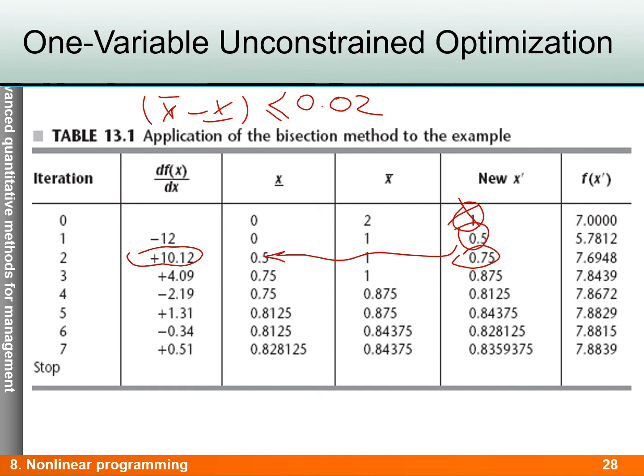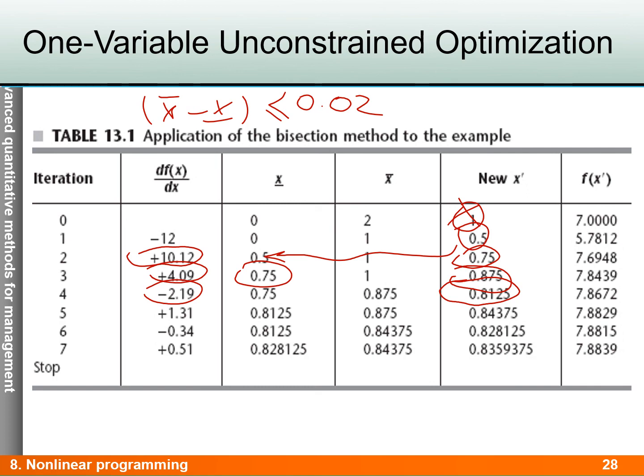and it gives me 0.75. Again, I continue, put this 0.75 in the first derivative, and it gives me positive. Again, I substitute the lower bound, and here it gives me the new x prime. When I put this one, it gives me negative, and I will have this new x prime.